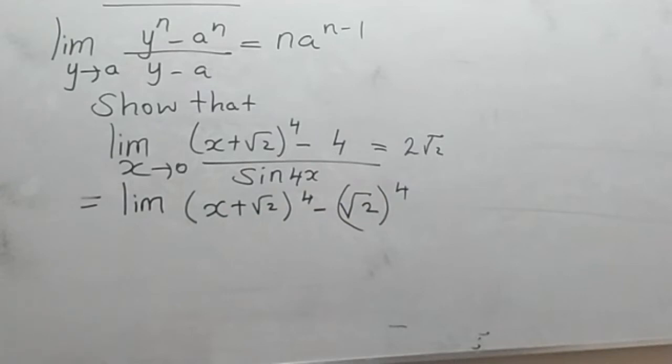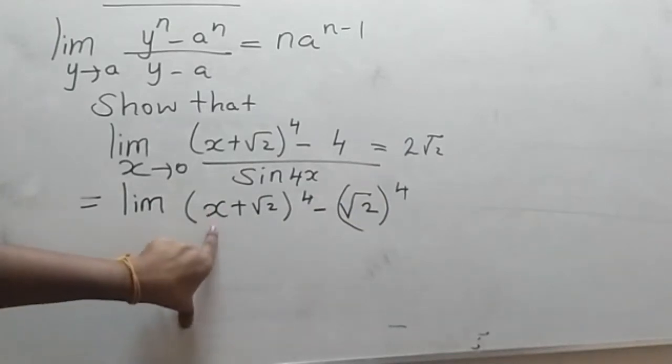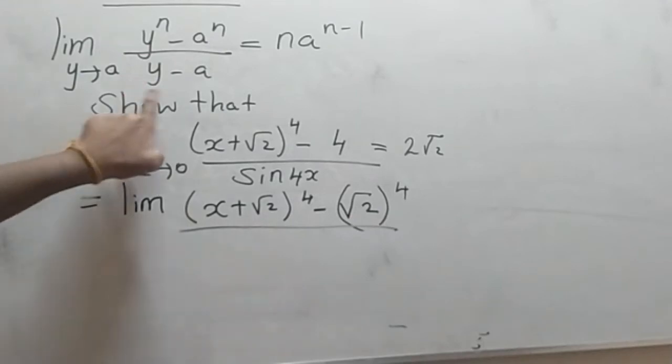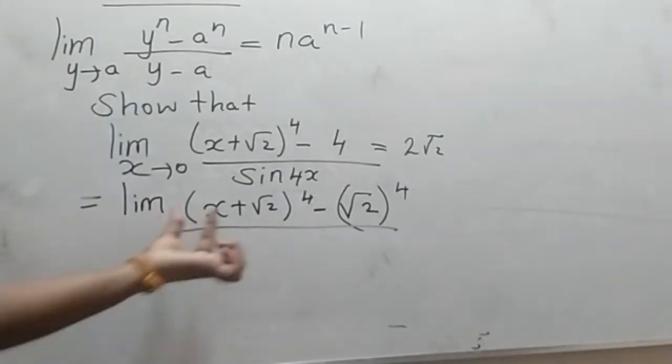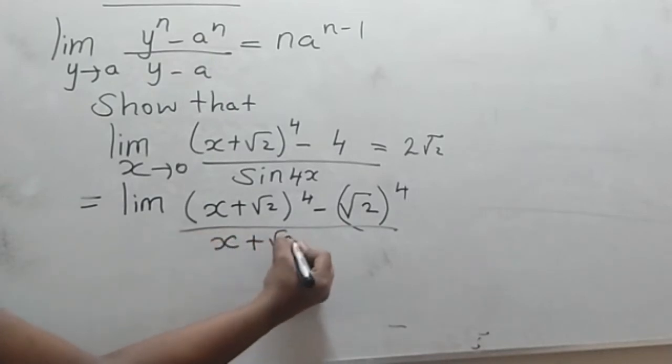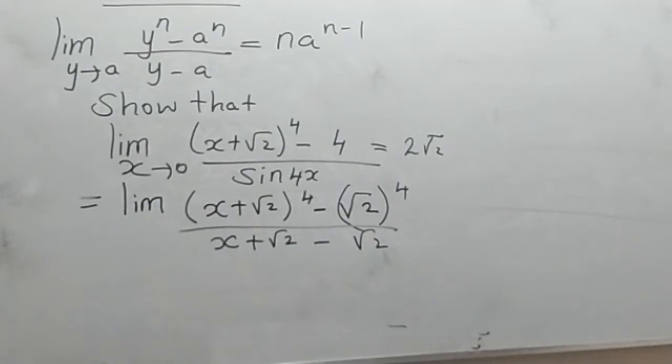Okay. So if there is x plus root 2 minus root 2 here. See, y to the power n minus a to the power n. What should come in the bottom? Y minus a. That means this x plus root 2 should come here and minus root 2 should come here.